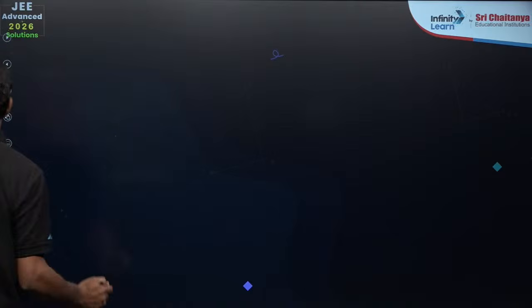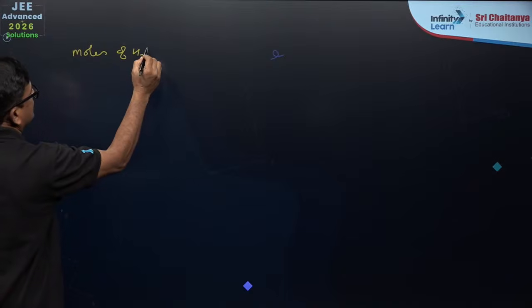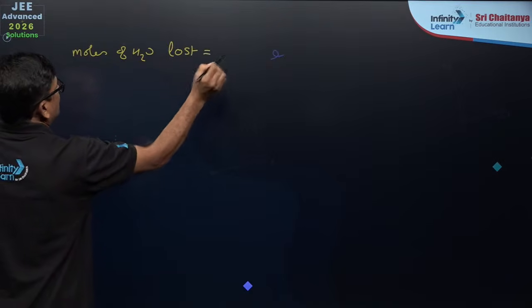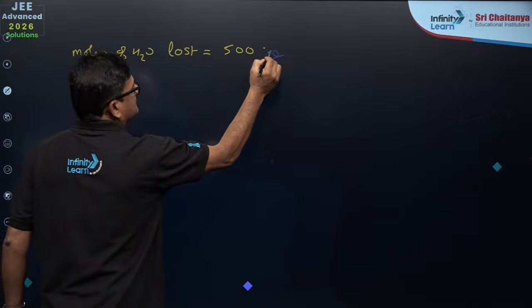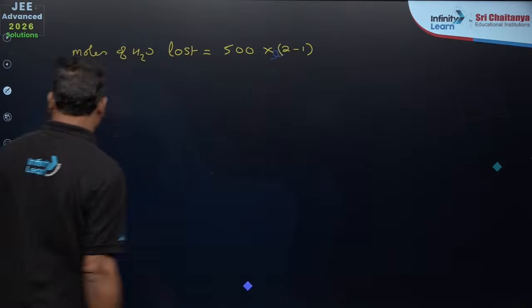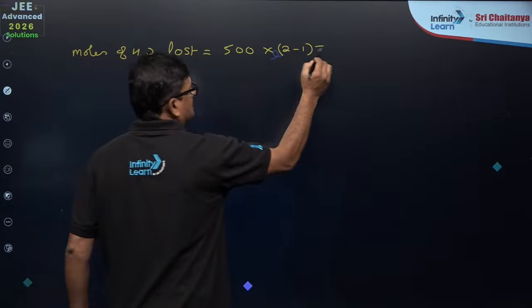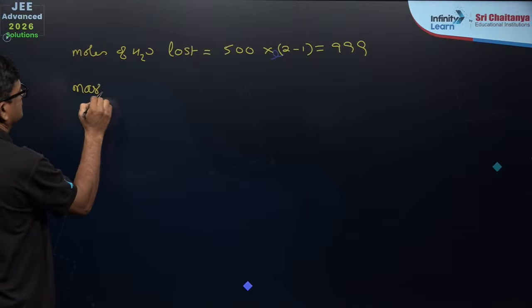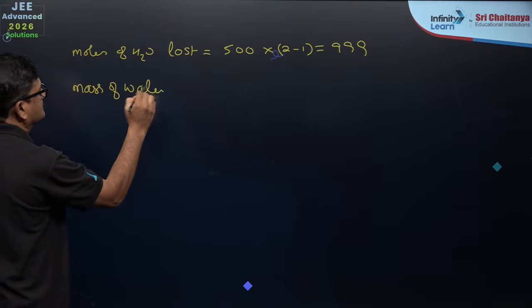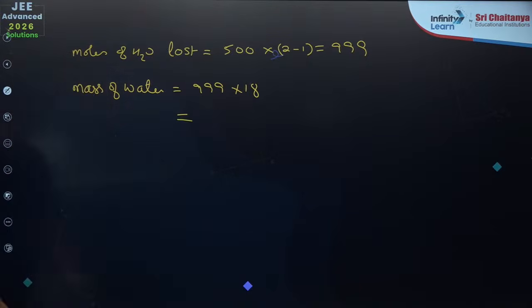The number of moles of water lost is going to be 500 into 2 minus 1, that is going to be 999. And the mass of the water is 999 into 18, which comes to 17,982.